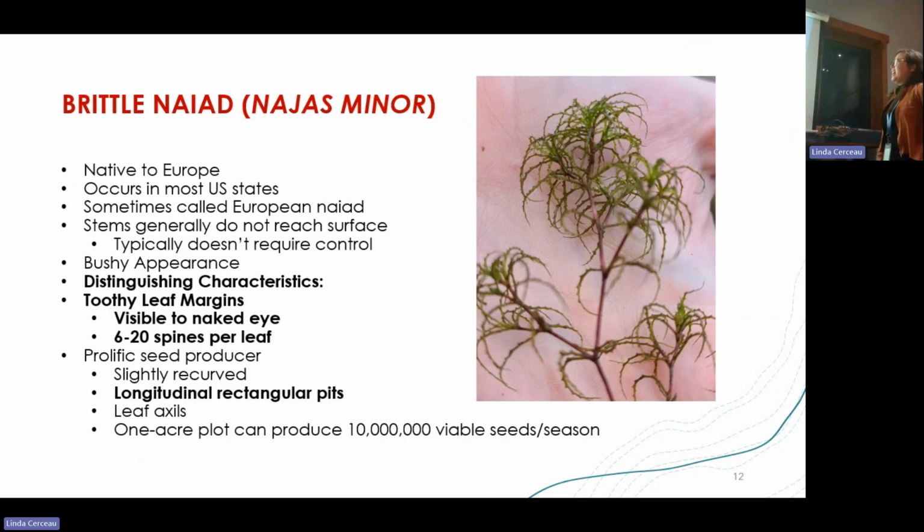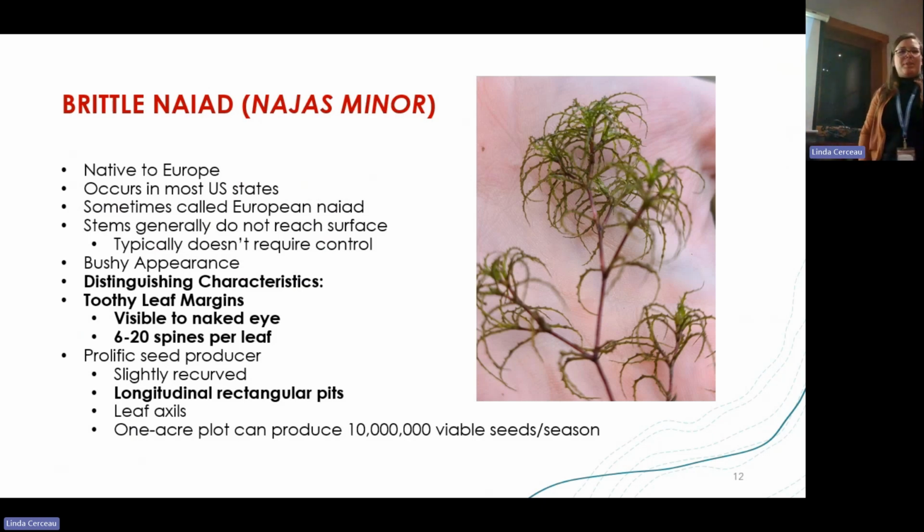We have brittle naiad. This one is an invasive. Typically this is a low grower, but you can see visibly with your eye these toothed or serrated edges. These leaves are kind of curled over entirely, and they have 6 to 20 spines overall.